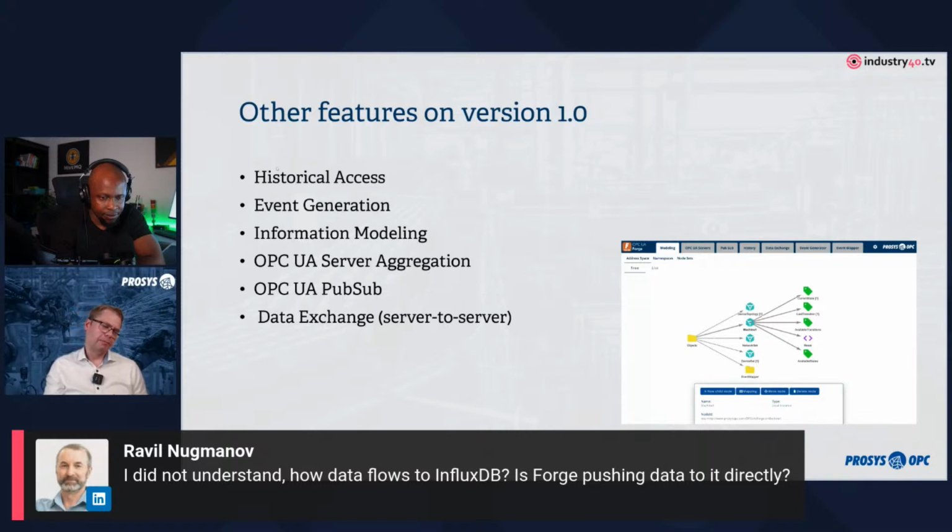It doesn't use any OPC UA plugin that comes with InfluxDB, if that was the actual question. You can of course use those as well, and then you can customize a little bit more how you store the data to InfluxDB.